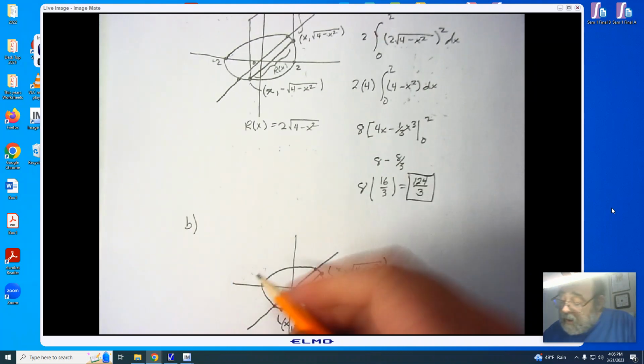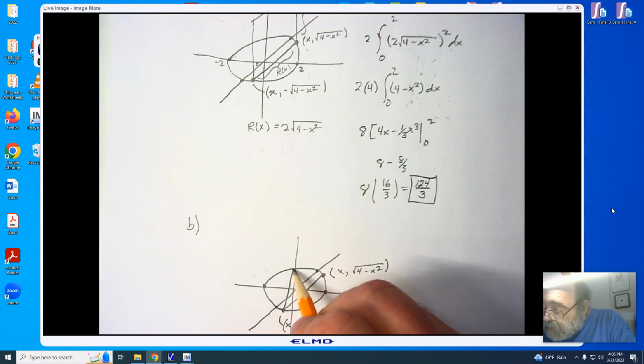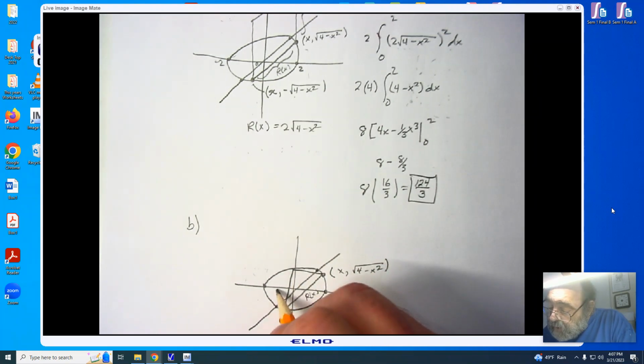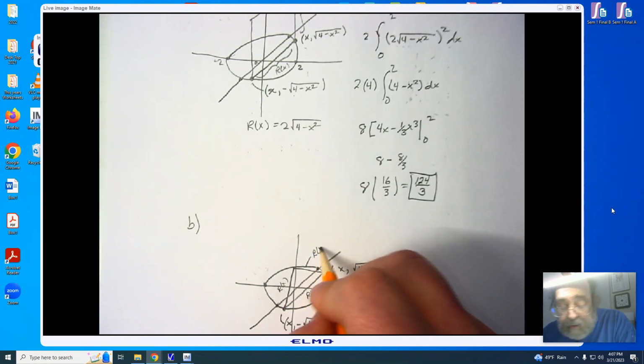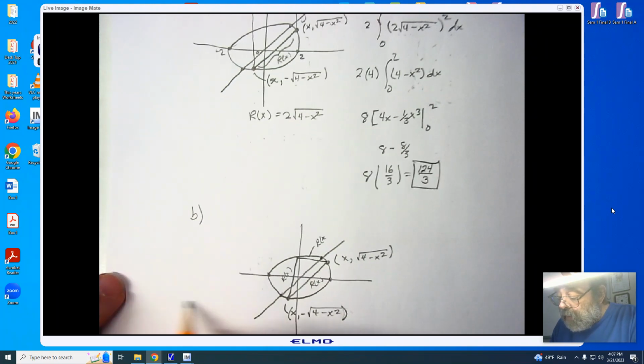Now keep in mind they want equilateral triangles. So if this is r of x, this is also r of x, and that's r of x. And I'm going to want to kind of break this down a little bit so I can see it more clearly.